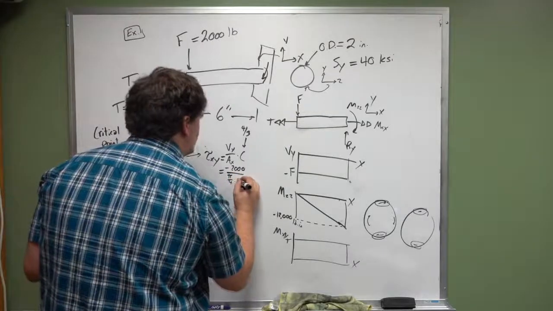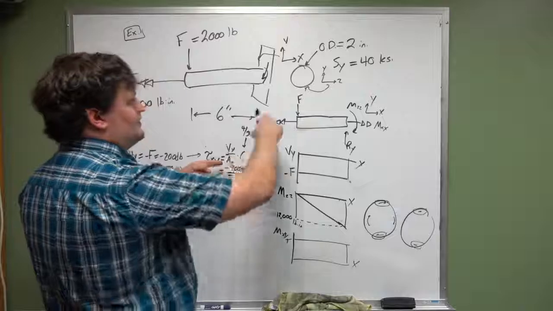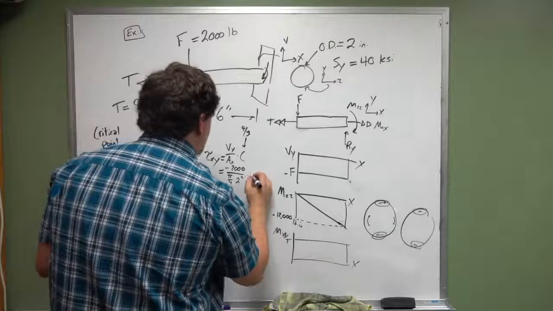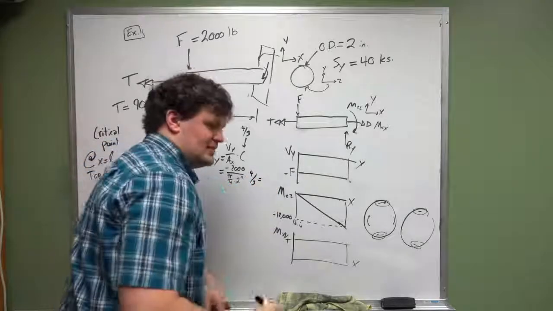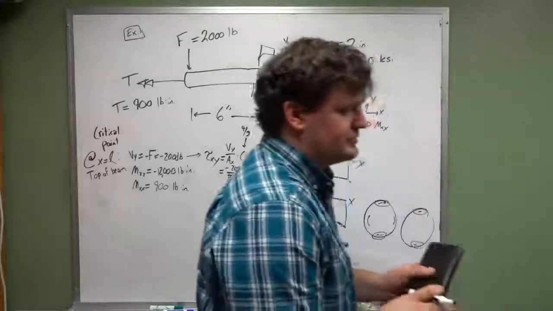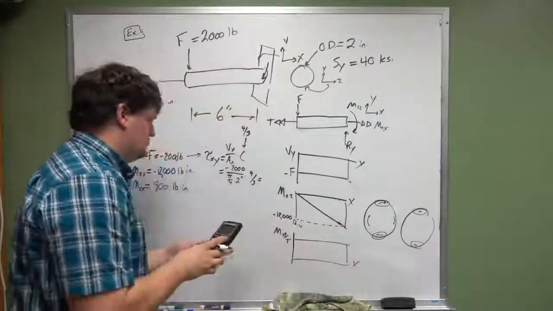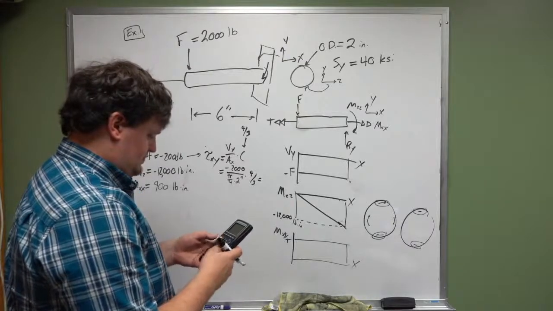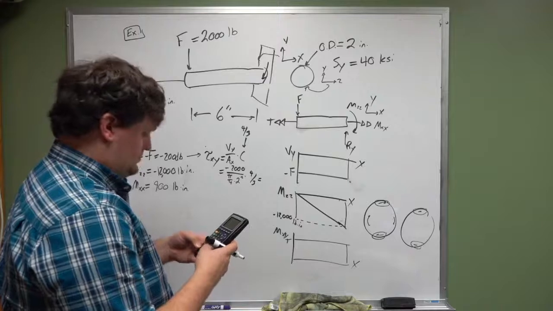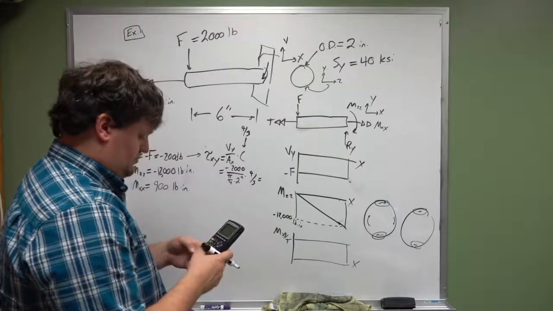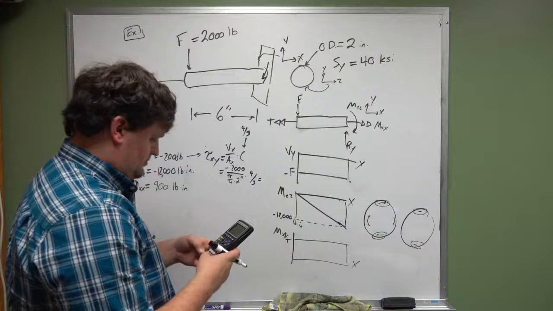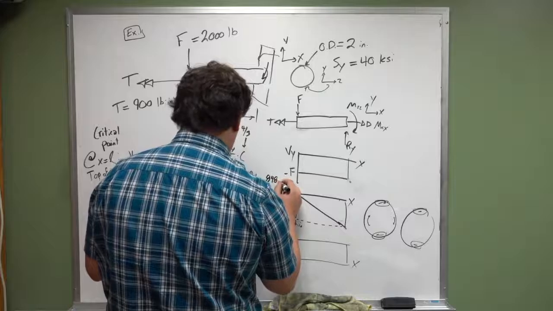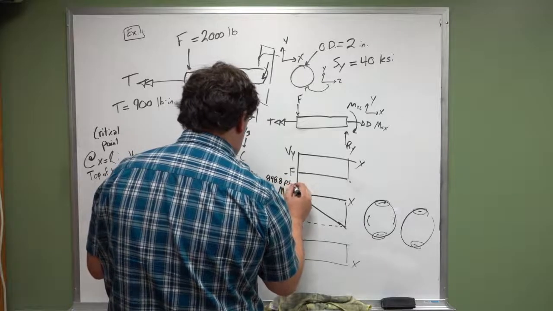Pi over 4 times 2 squared, because that's pi over 4 times diameter squared, times 4/3, and that's going to be equal to, let me grab my calculator, negative 848.8 psi.